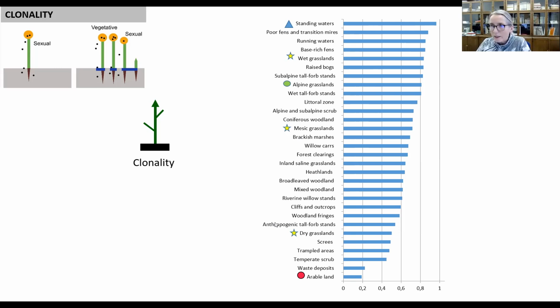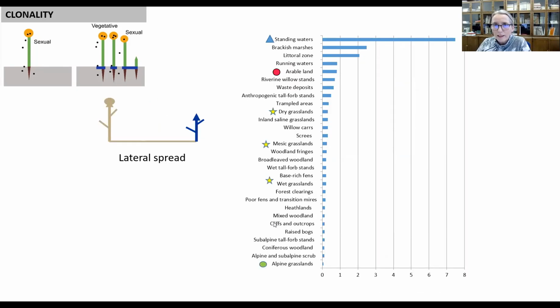What about other clonal traits? Now we have lateral spread, and it is only for clonal plants, how good they are at lateral spread. Again, standing waters have the highest lateral spread because they have many plants that may be freely moved by water, that have turions or small fronds, where the plant may be split into a few parts and distributed by water currents.